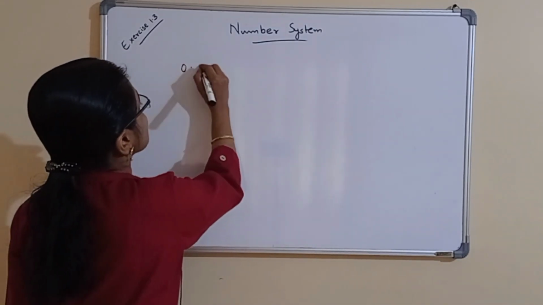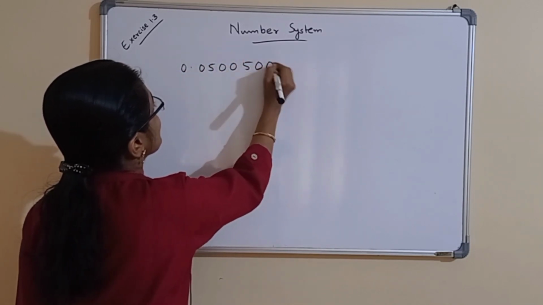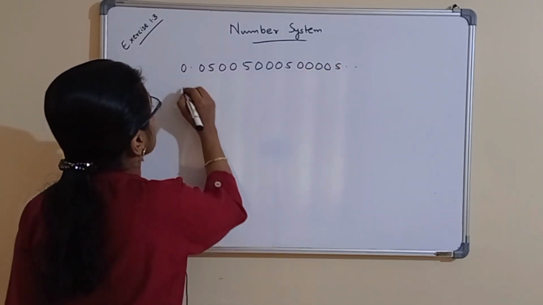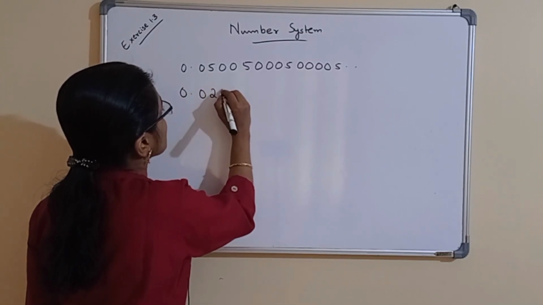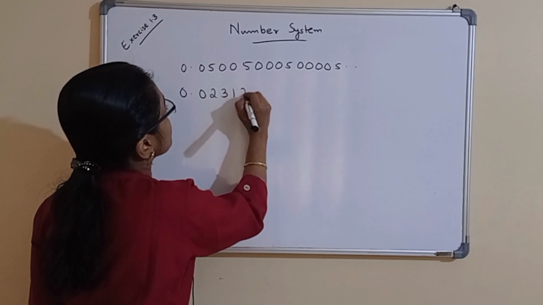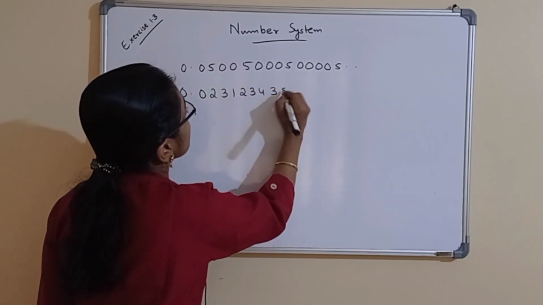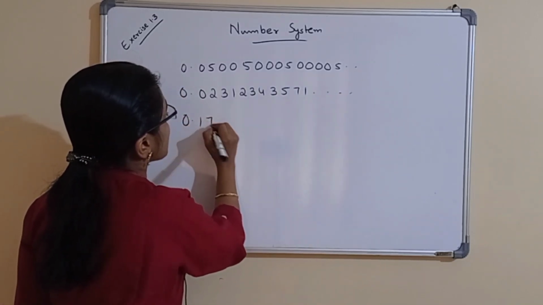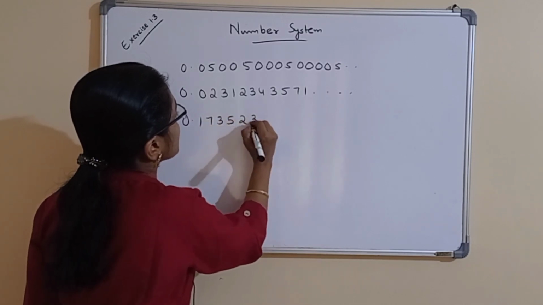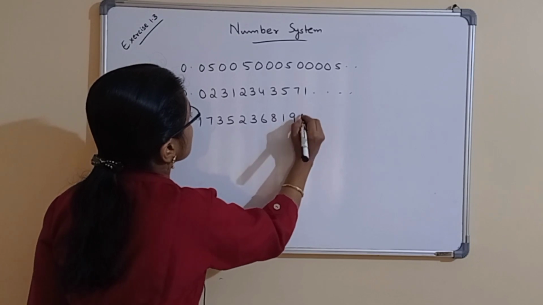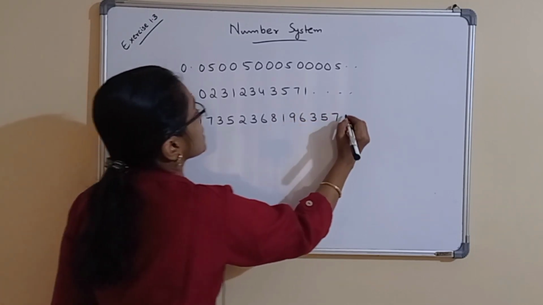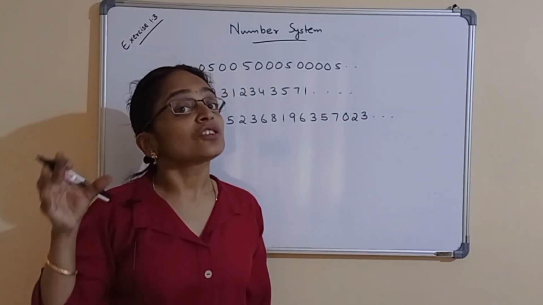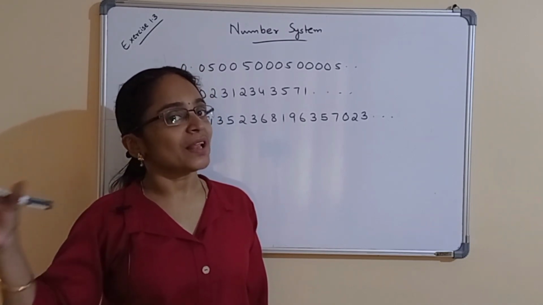So, it can be 0.05, 005, 0005, 00005, etc. Then it can be 0.0231234357 1, etc. And 0.173522368196357023, etc. So these are all examples of numbers which have non-terminating, non-recurring decimal expansion.